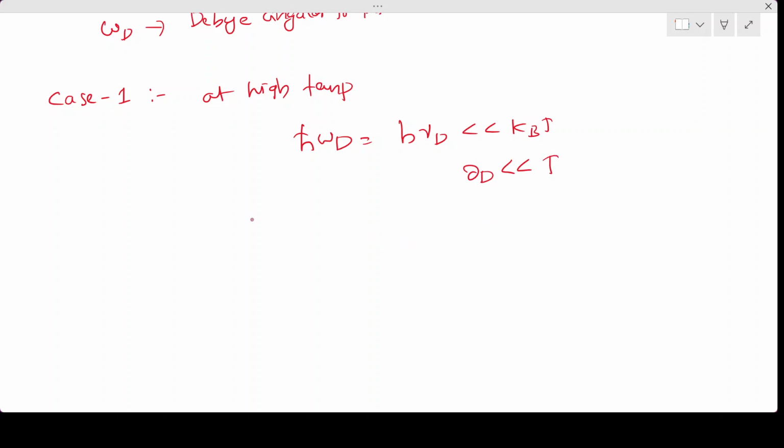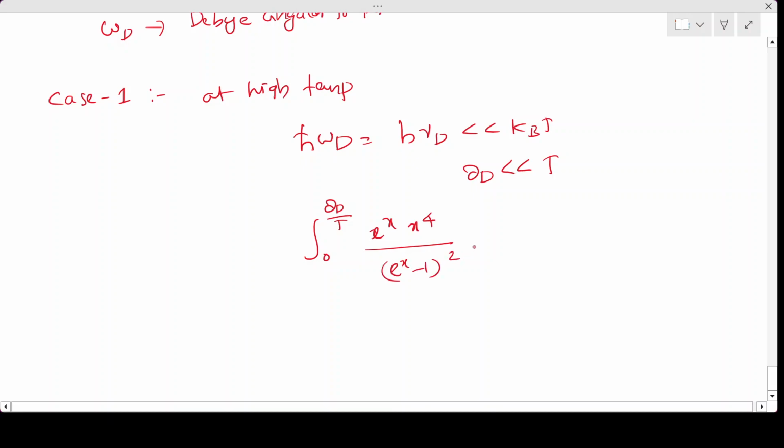Okay, for this region we can say the integral from 0 to theta D by T of e raised to x, x raised to 4 divided by (e raised to x minus 1) square dx will have the value 1 by 3 (theta D by T) cube.